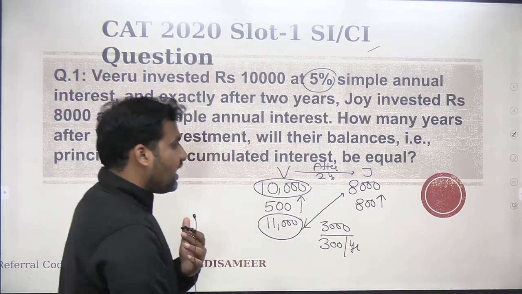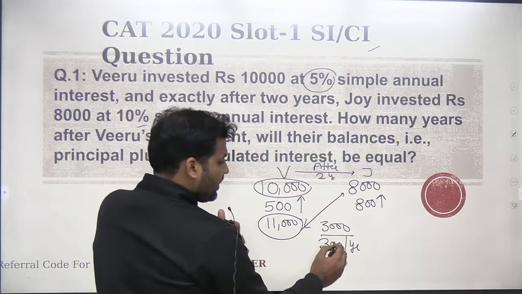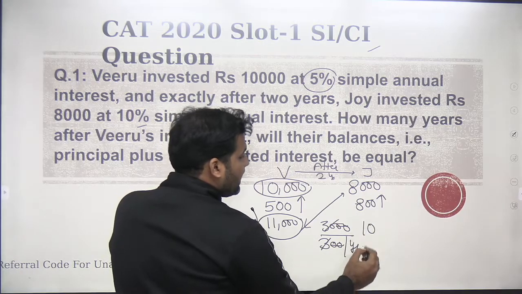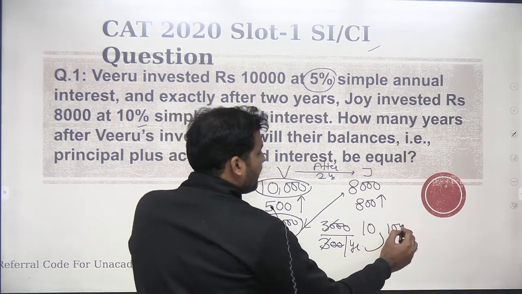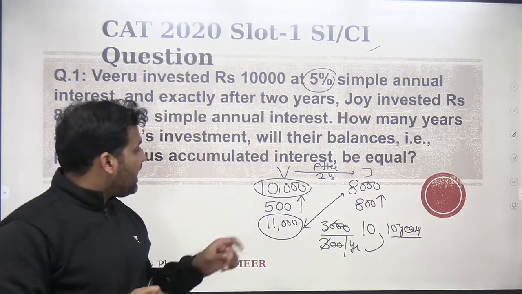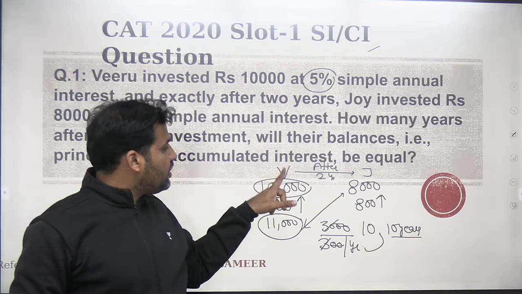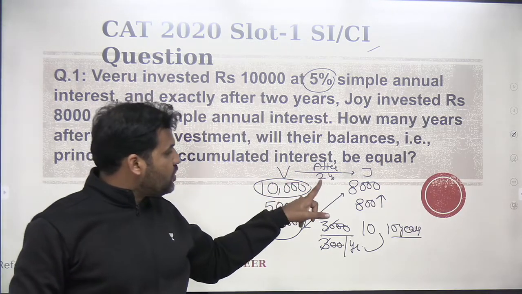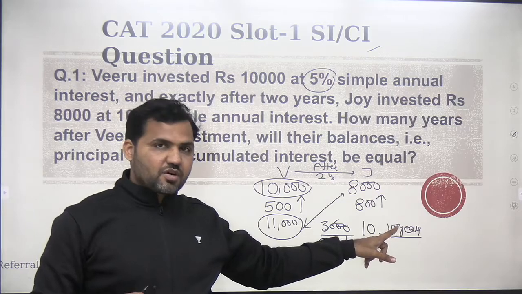So can I say that after Joy's investment, the gap of 3,000 will be covered in 10 years? Now, if this gap gets covered in 10 years, that means Viru has already invested his money 2 years before, right? So 2 years plus 10 years, that means total 12 years.